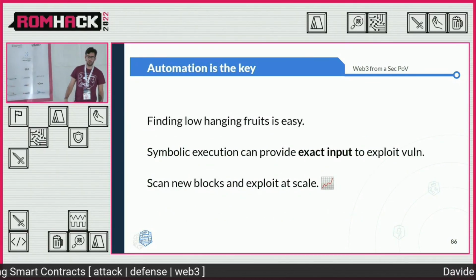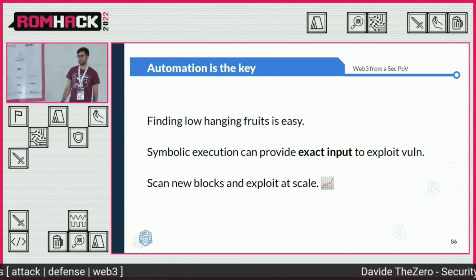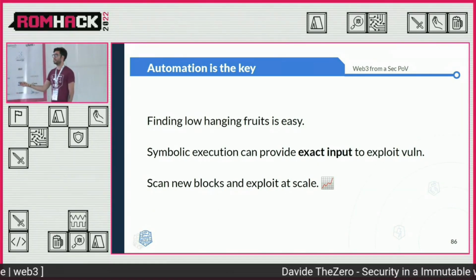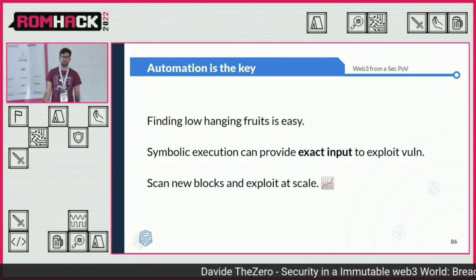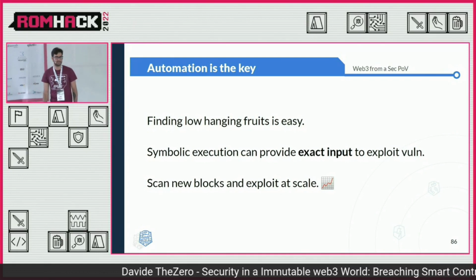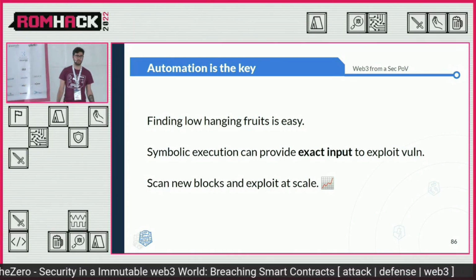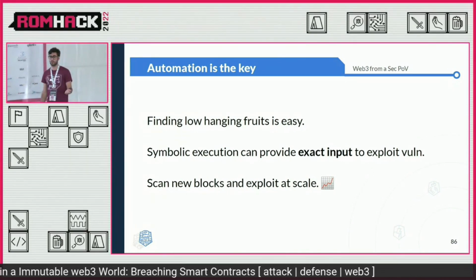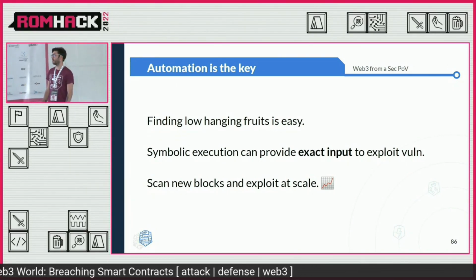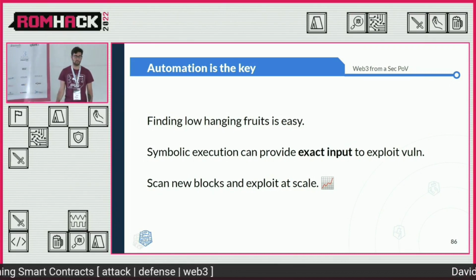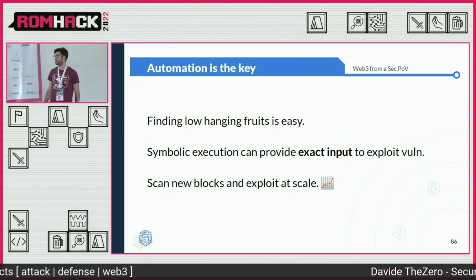And so since we have all this kind of fancy stuff, finding low-hanging fruits is really easy. And symbolic execution can give you the exact input that you can send to a contract in order to exploit it, like autorop from Pwntools, if you are a pwner.